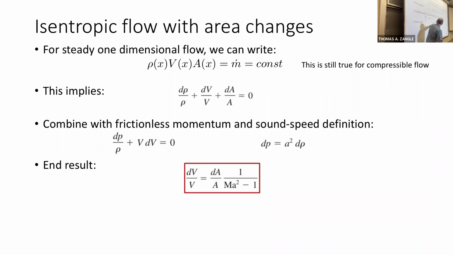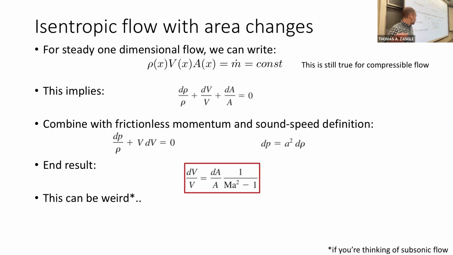So this is dV over V equals dA over A, times 1 over Mach number squared minus 1. Okay, so this tells us how the velocity changes within our system are related to area changes within the system. So this thing here is a little bit strange.